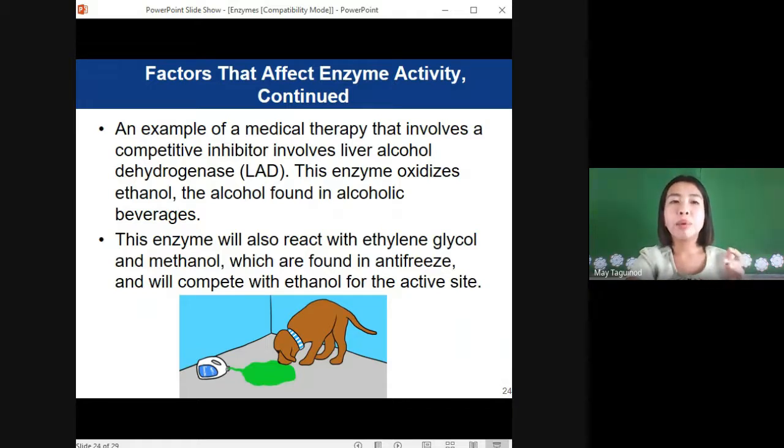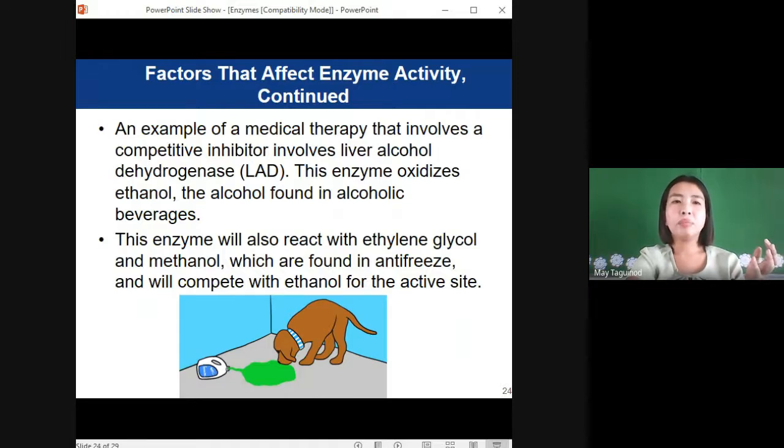This enzyme will also react with ethylene glycol and methanol, which are found in antifreeze. Antifreeze is a liquid that is put in car engines to keep the engine of a vehicle from overheating.